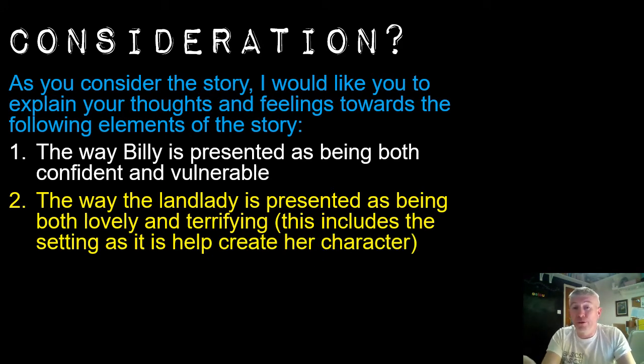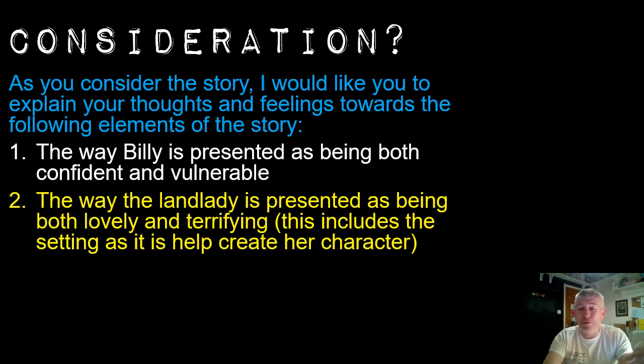As you know the whole story, hopefully you've worked out what the taste of almonds represents. If you haven't, you need to go back and Google that. The landlady is presented as a lovely lady, a really sweet middle-aged or old lady. It's difficult to put an age on her, but she's definitely seen as quite lovely. But there's a darker side to her, and she's terrifying as well.